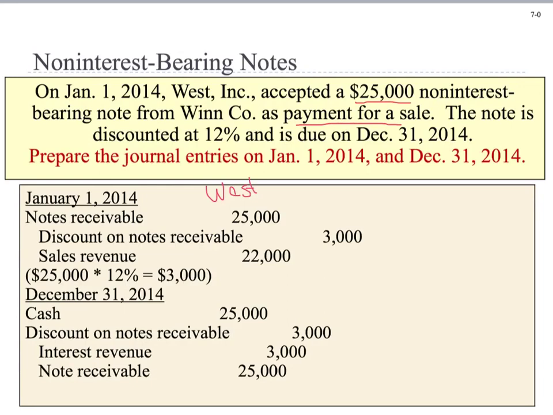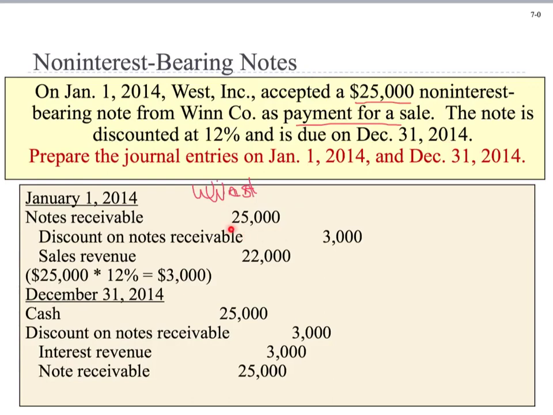Instead of Win paying you, you issued a notes receivable for them to pay you at a later date. This is treated differently than an accounts receivable because of the period of time that we're talking about. It's not due until December 31st. It's an actual physical note that they're issuing with different legal terms than accounts receivable would have. So this is a different situation than just a normal accounts receivable.